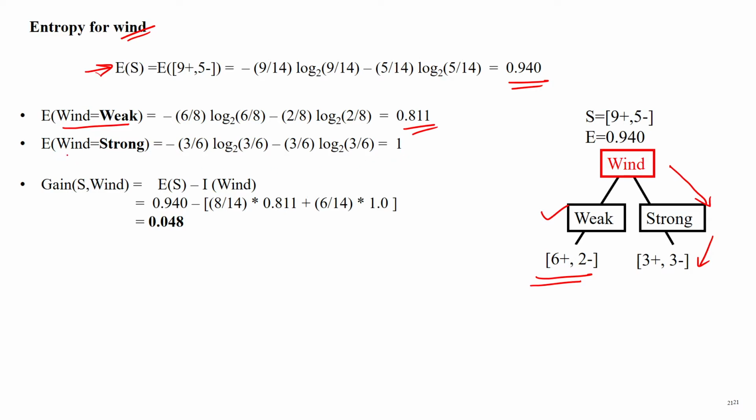When wind is strong, the entropy is 1. Then the average information is calculated for wind, which is this one. Then we subtract the average information calculated from wind from the entire data set entropy 0.94, giving 0.048 as the information gain for wind.